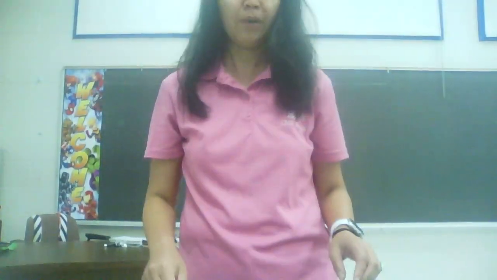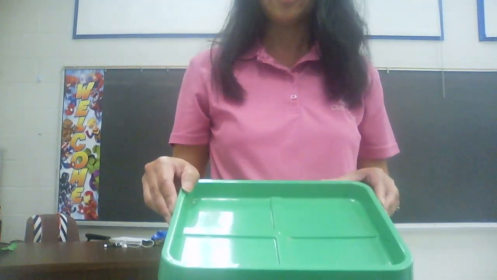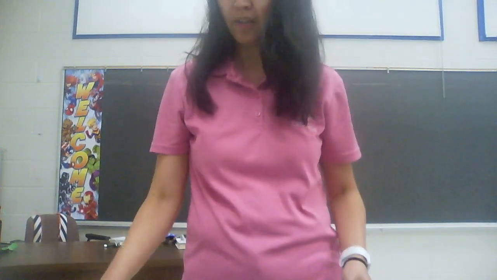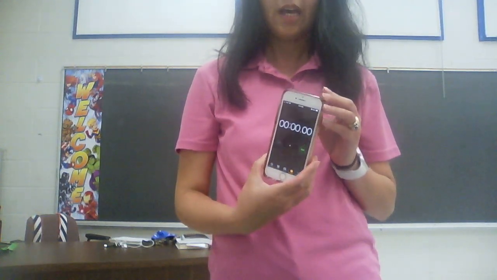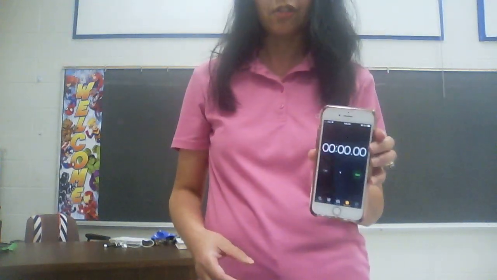So I'm going to take you through the reaction one by one. I'm going to put the vinegar into the cup with the baking soda, and then I will time the reaction. I have my handy dandy timer ready on my phone, and then I will count how long it takes for the reaction to finish. So here I go.